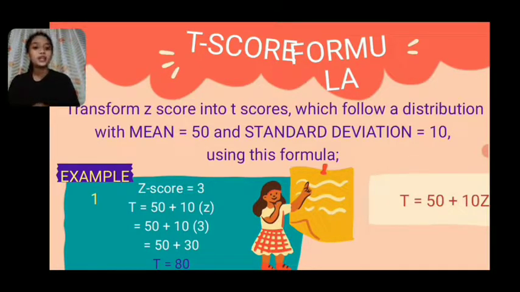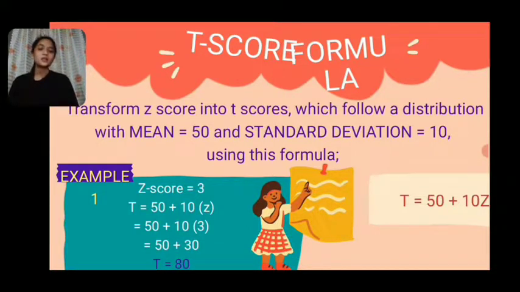Okay, so I have here some examples. Example 1. 3 is our z-score. So t equals 50 plus 10, and substitute 3. So 50 plus 10 times 3 is equal to 30. So 50 plus 30 is equal to 80.